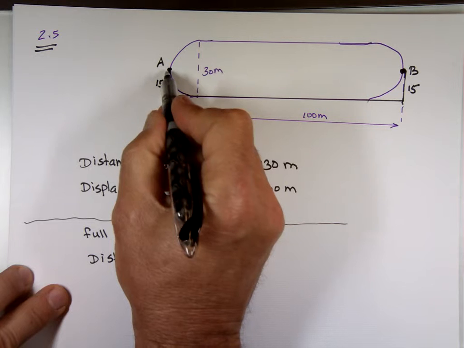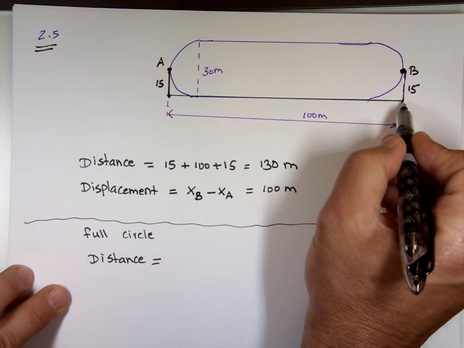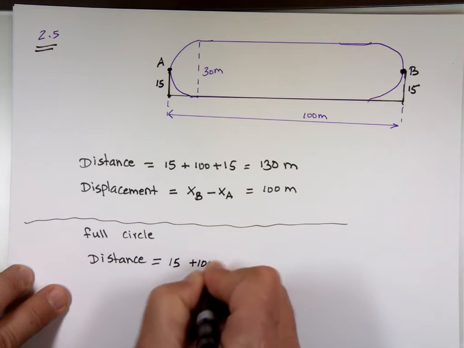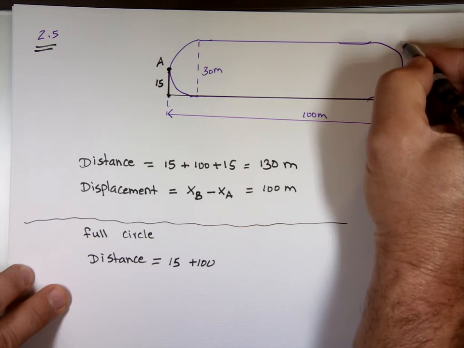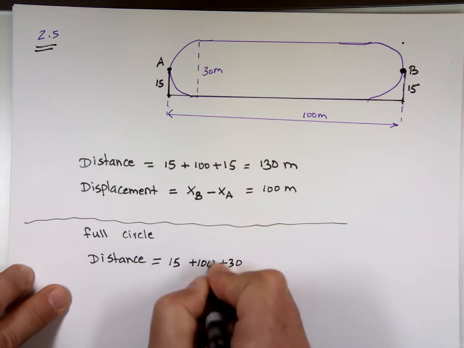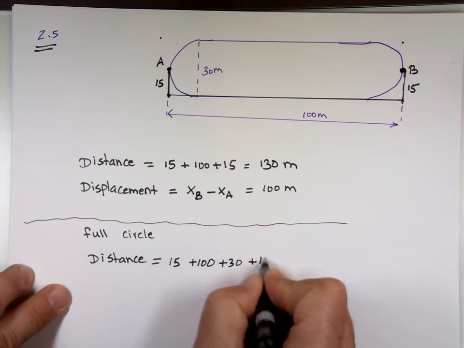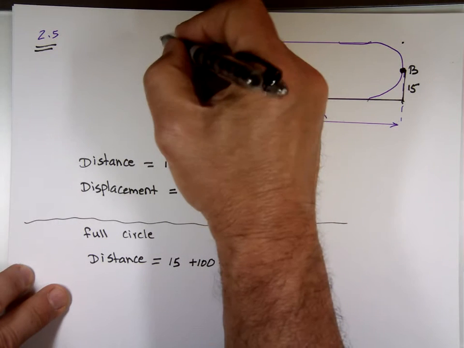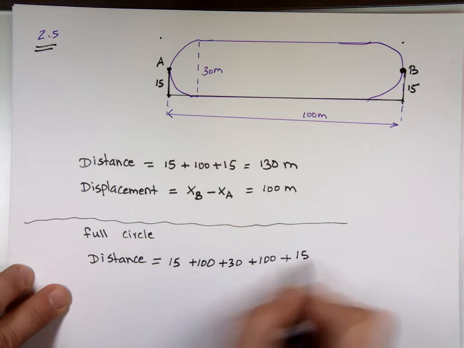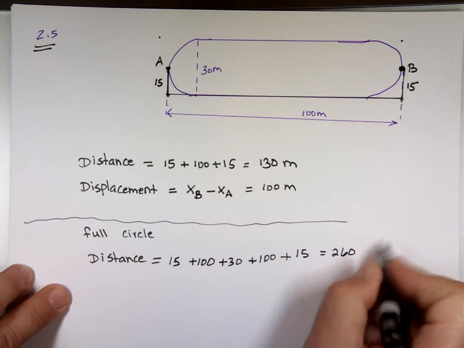You started from here, you go 15 plus what? 100, so it'll be 15 plus 100, plus from here to there, which is what? 30, plus from here to here, which is what? Another 100, plus back to this, which is what? 15. 30, 60, that's 260 meters.